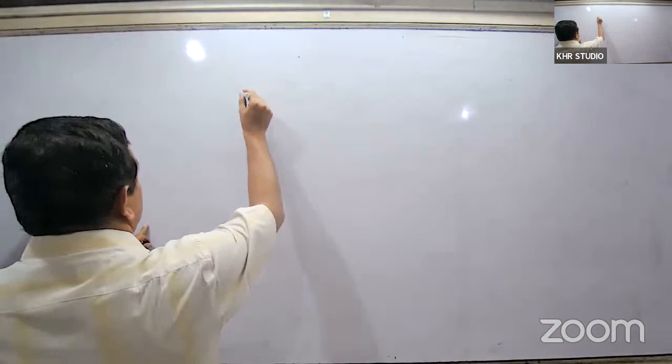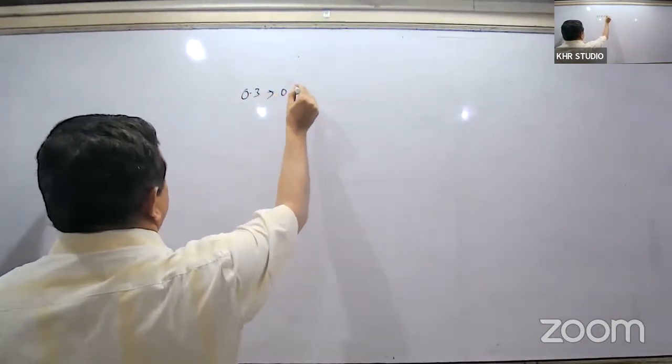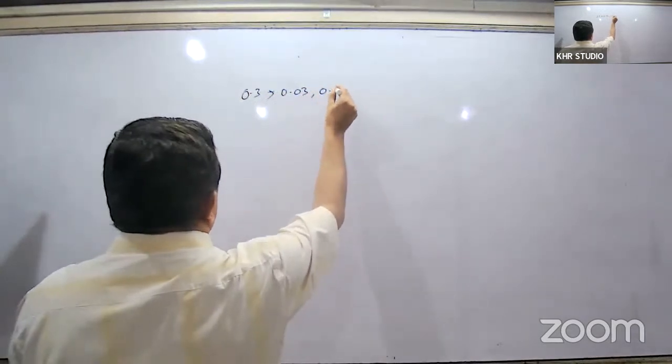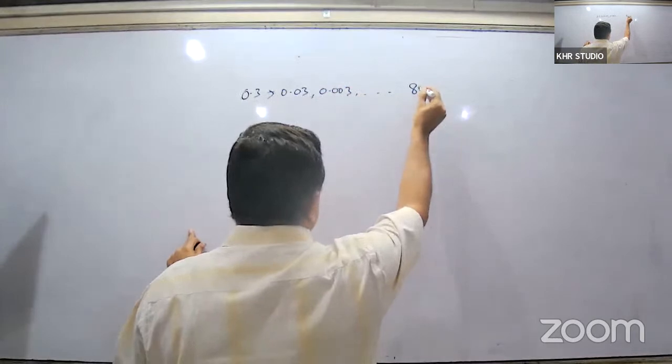Question 1. Find the sum of 0.3, 0.03, 0.003, etc., till how many terms? 8 terms.